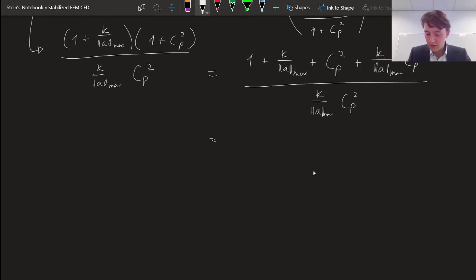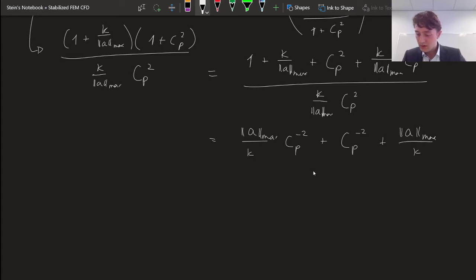So that's going to give us minus 2 plus CP minus 2 plus 1. Okay? And if I'm not mistaken, we can rewrite this as 1 plus CP to the power of minus 2 times 1 plus this ratio between our advection and our diffusion.